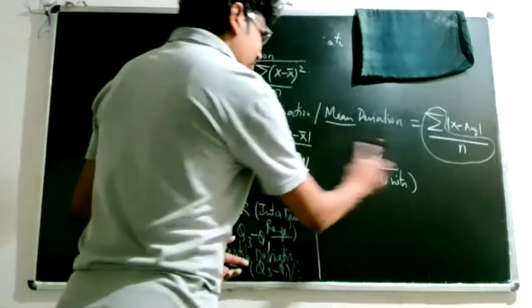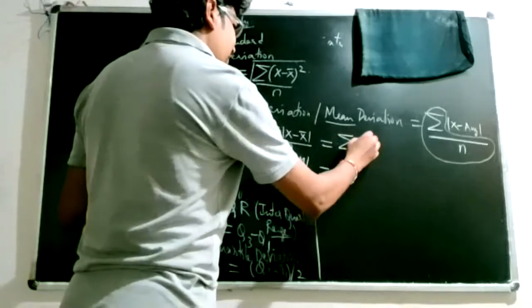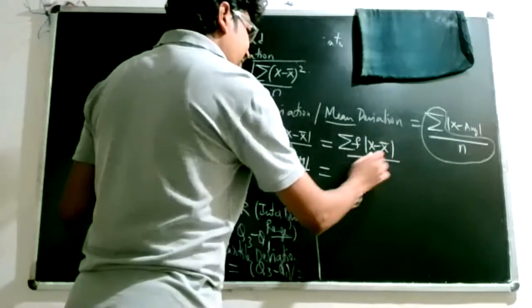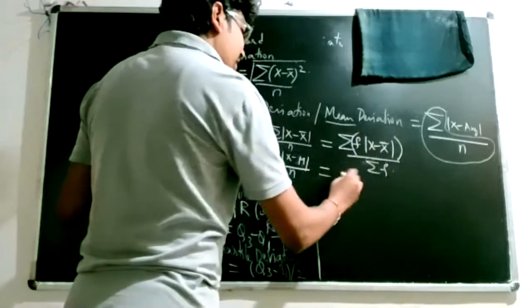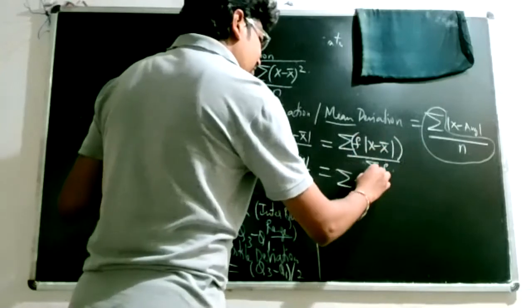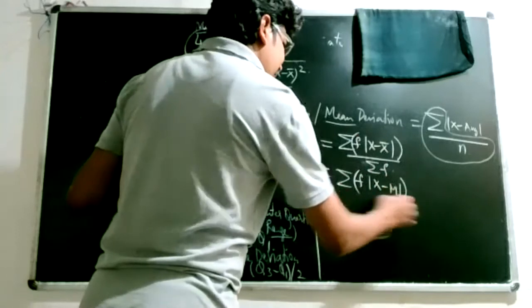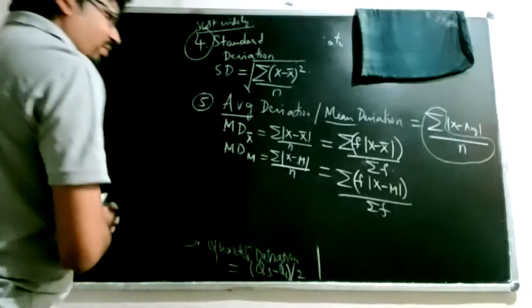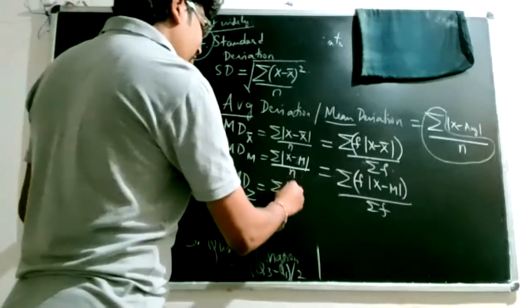And if you look into the formula for the frequency case, it will be summation f into mod x minus x bar divided by sigma f. So it is the total of this. So please write the mod symbol correctly. Don't use the curved line there. It should be two straight lines. And if you replace that measure by mode, you get mean deviation from mode.